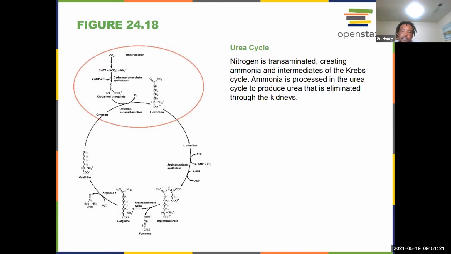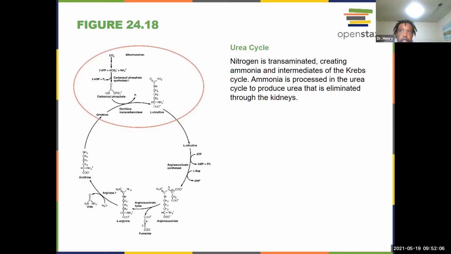And then the arginosuccinate is going to be converted to fumarate by another enzyme. And then you're going to get L-arginine. Okay. And then the L-arginine is going to either be utilized for amino acids, or it's going to end up producing a byproduct of urea. And then you're going to end up producing the amino acid ornithine. Ornithine is like a transfer amino acid, and that's going to be involved in the production of the citrulline.